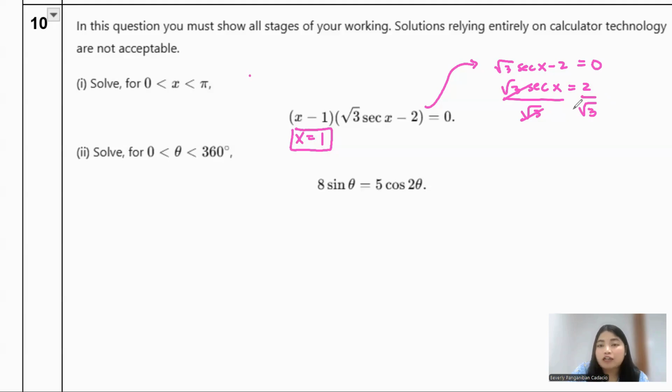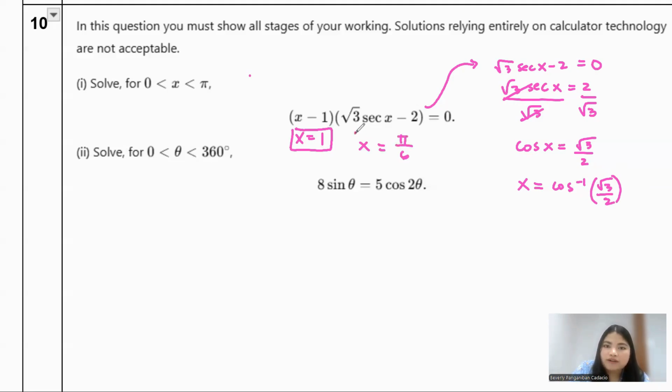And what's the reciprocal of sec? Cosine. So you need to take note of that. So I can write cos x is equal to the reciprocal of that right side, which is root 3 over 2. And you're not yet done because you need to get the x, so you're going to do cos inverse root 3 over 2. And the final answer that you will get there is pi over 6.